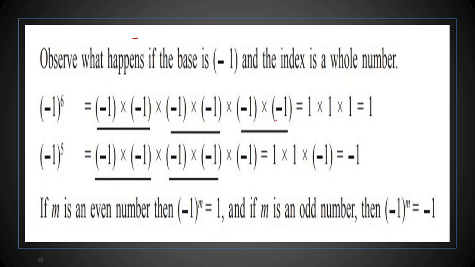So what is going to happen when the power is an even number? You are going to get the answer positive. And if the power is an odd number, you are going to get the answer as negative. If the power is an even number, then the answer will be positive, and if the power is an odd number, then the answer will be negative. So this thing we have to keep in mind.